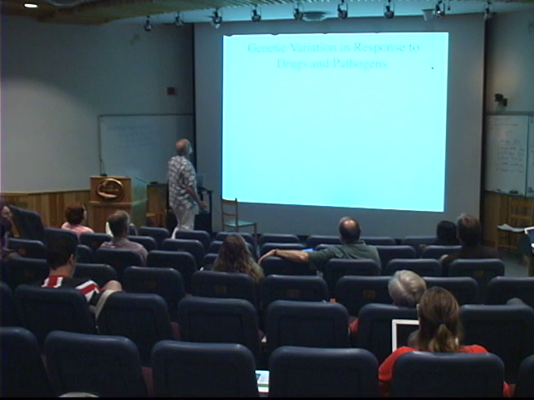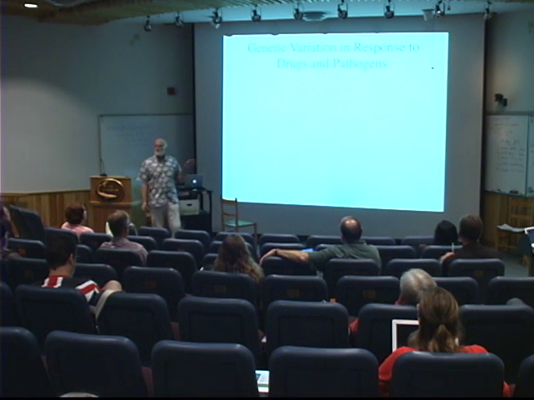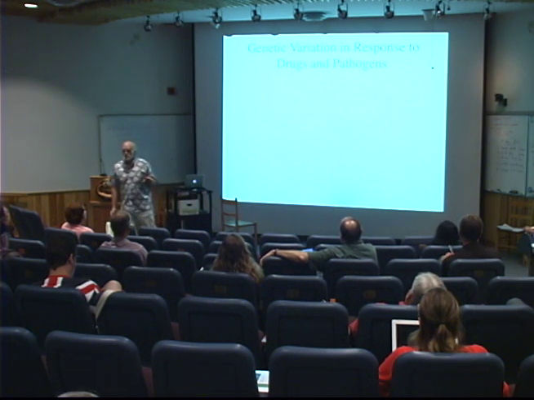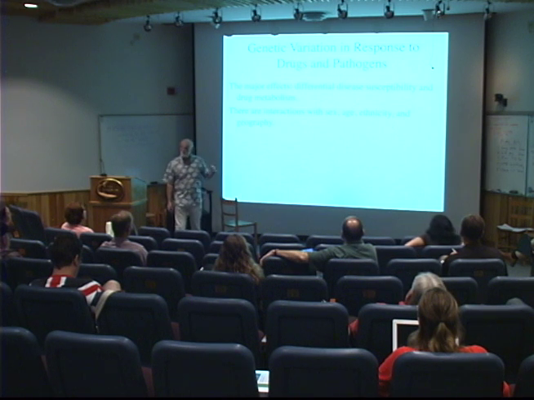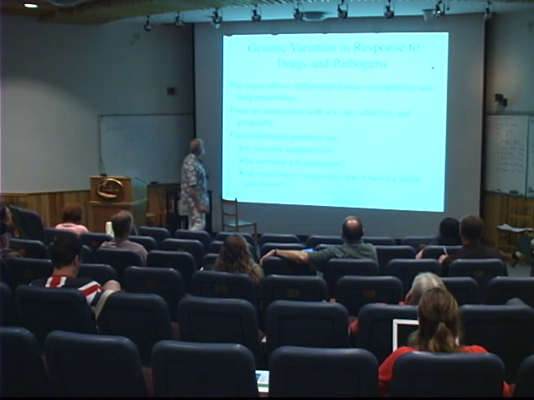Okay, now a bit about human genetic variation for responding to drugs and pathogens. And I'm going to talk a bit about the major effects. I'm going to talk a bit about interactions with sex, age, ethnicity, and geography, which all are pointing towards things like personalized medicine.